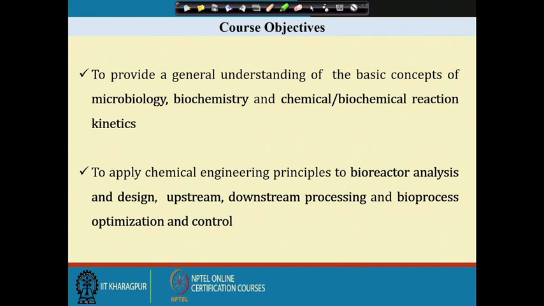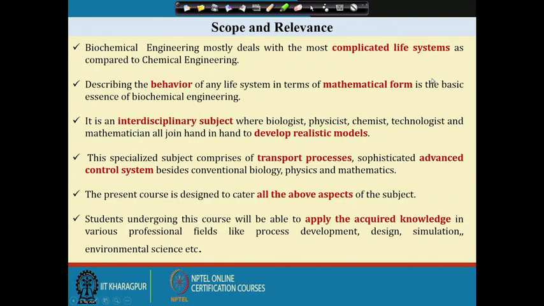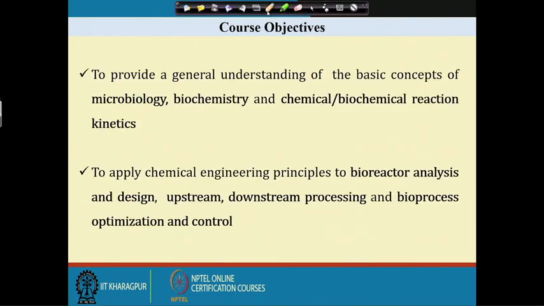So, of course, the objective is that we want to use the basic concepts of microbiology, biochemistry, and chemical and biochemical reaction kinetics. Initially we will start the course with microbiology. We will give the preliminary information on microbiology, then biochemistry and chemical and biochemical reaction kinetics.